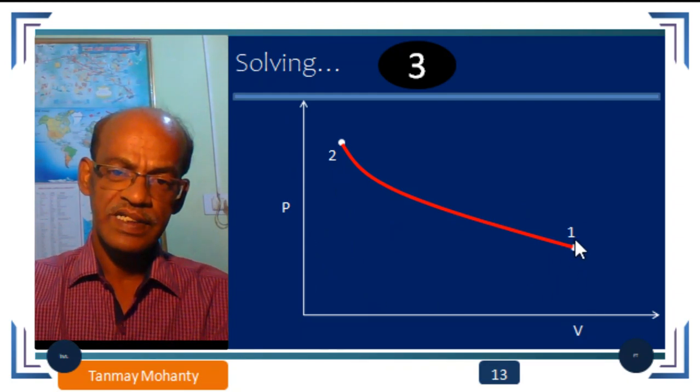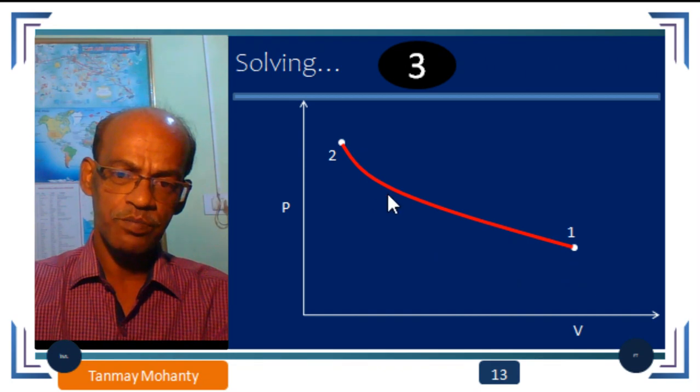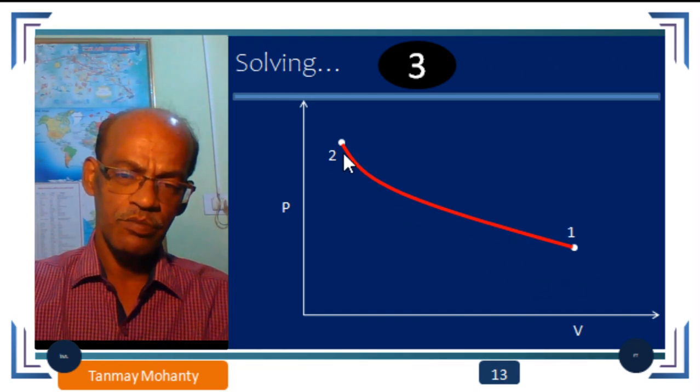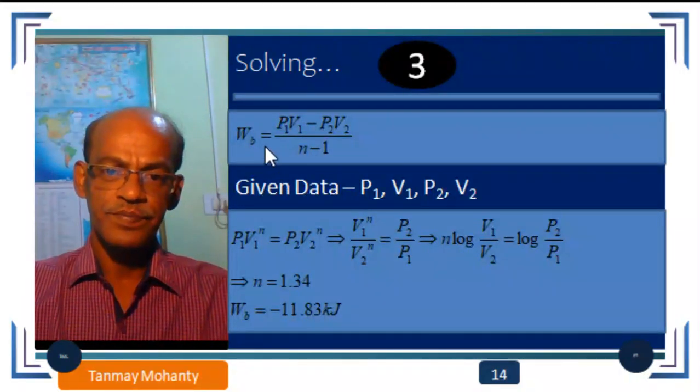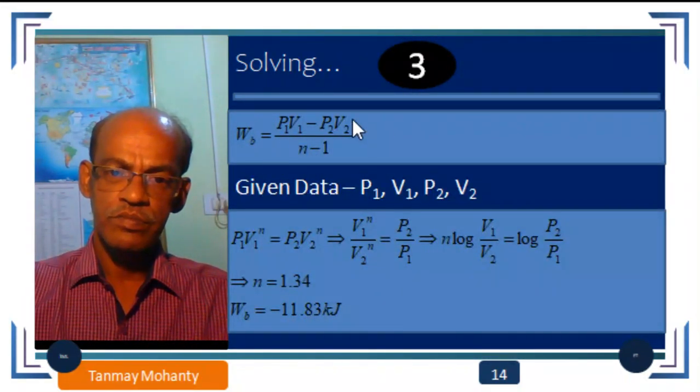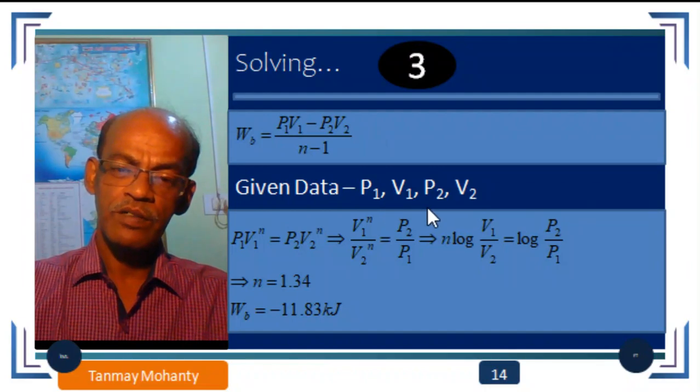Here also, this is a compression process, state 1 is given, state 2 is given, pressure is increasing, volume is decreasing. Okay, polytropic process. Now, the WB formula is known. Given data P1, V1, P2, V2 are given. But I do not know what n is and how we are finding n.